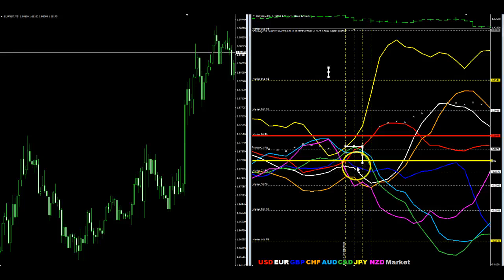We could have chosen the pound, which is the dark blue, or the euro, which came down this way. So after two bars, two time frames, we'd have an idea. So let's look at the most extreme sloping line.